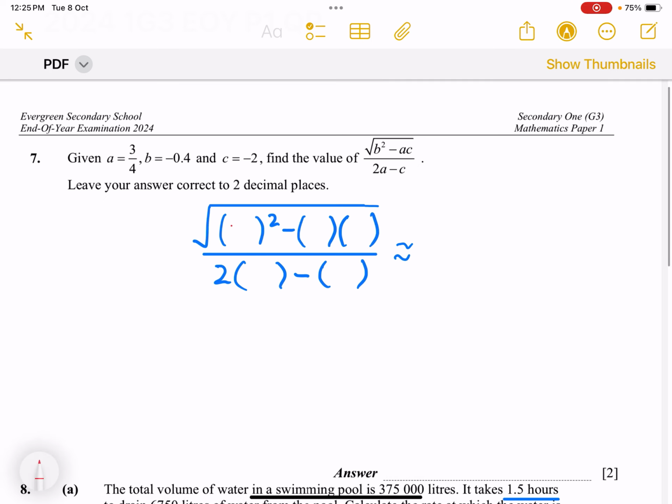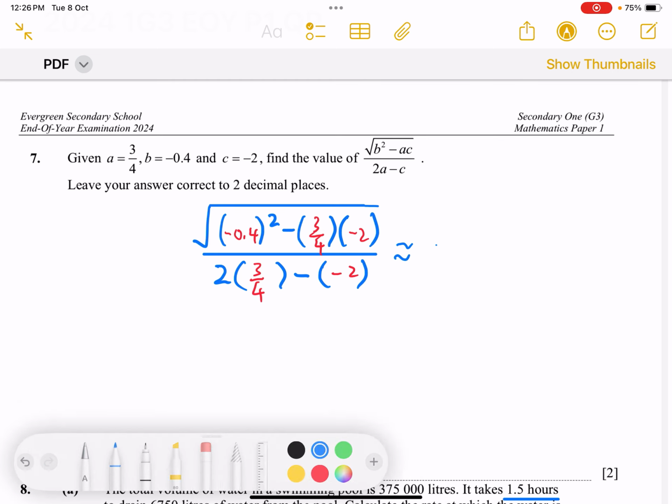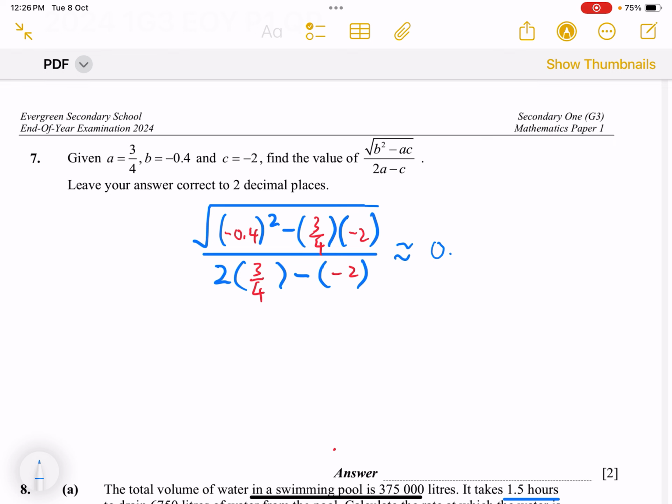B is minus 0.4, and then A is 3/4, and C is negative 2. Then we can make use of the calculator to get our answer. And if you have calculated correctly to 2 decimal places, the answer is 0.37.